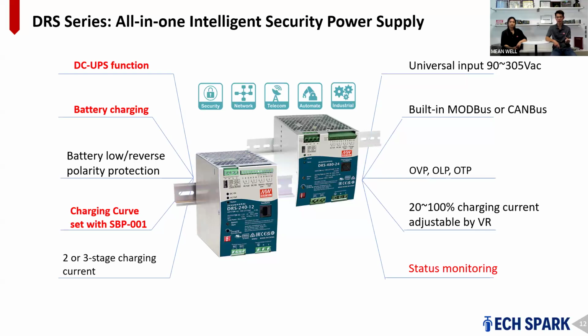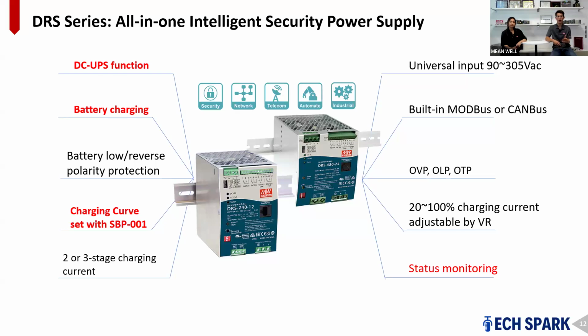One interesting point is it also provides different status monitoring, such as DC OK, AC fails, charging the battery, and discharging the battery. So the customer can visualize the status of the operations of this DRS series.